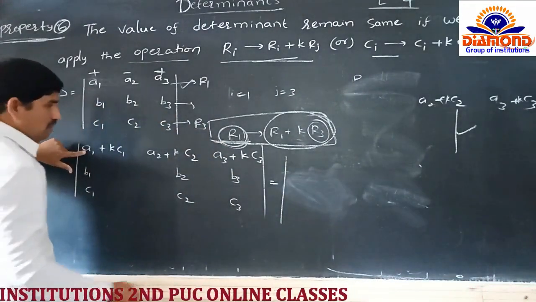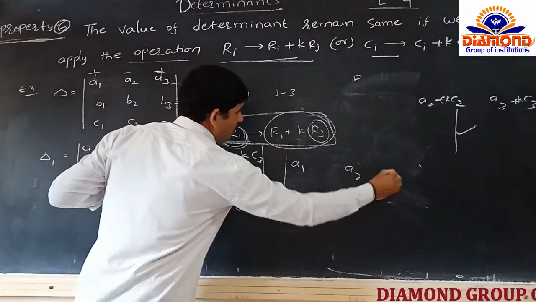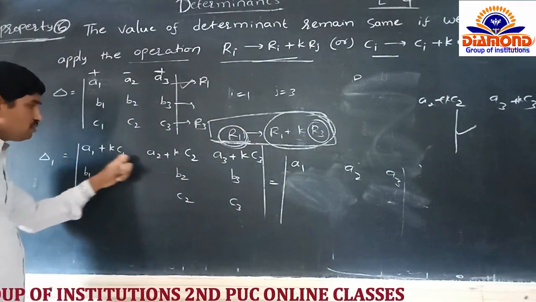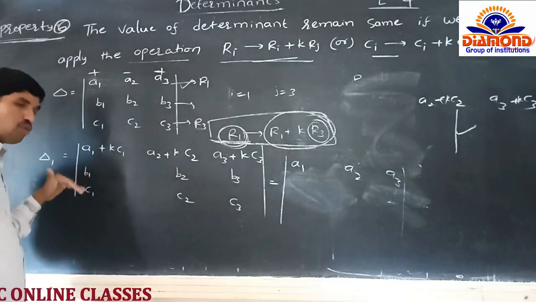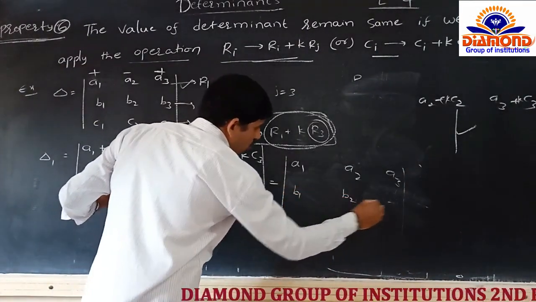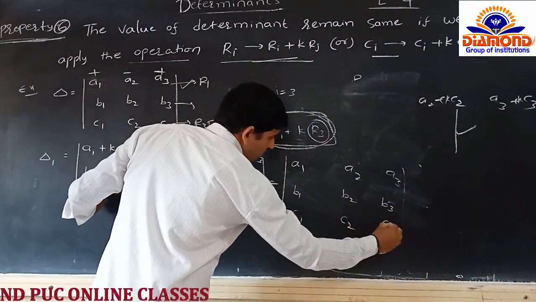Now see, in the first row, the first terms A1, A2, A3, then R2 and R3 as usual: B1, B2, B3 and C1, C2, C3.